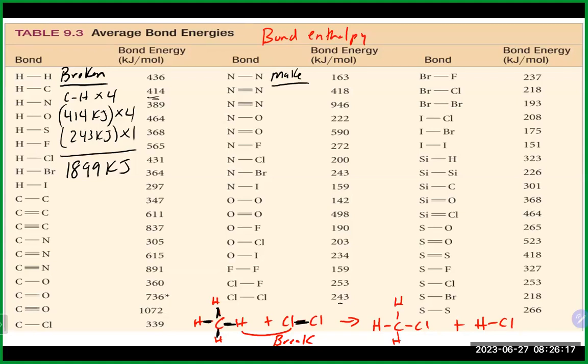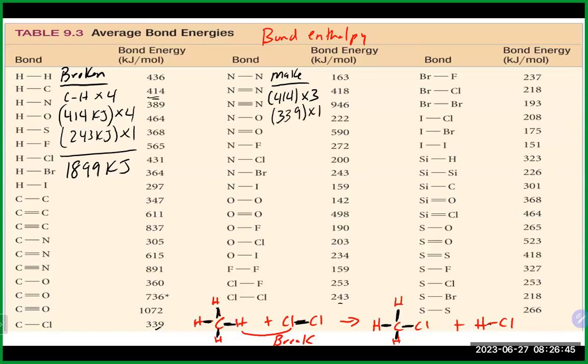And when we look on the other side, we have 1, 2, and 3 of the carbon-hydrogen single bonds. So we're going to do 414 times 3. We also made a new bond here, which is our carbon-chlorine bond. And that's right there on the bottom, which is 339 times 1.